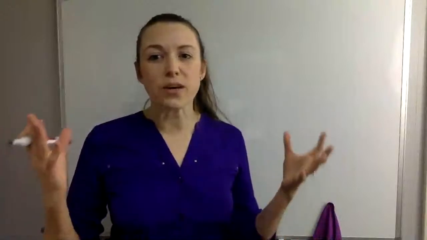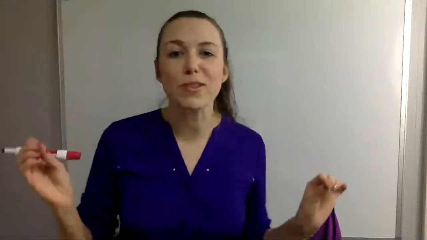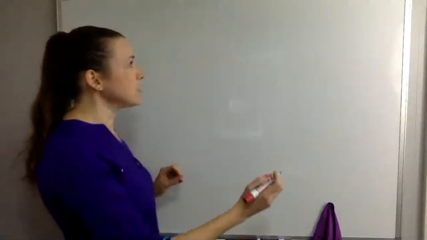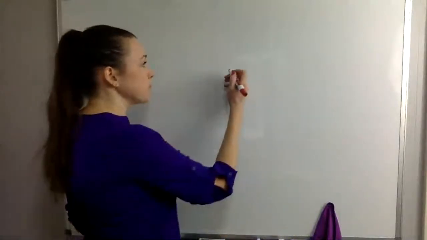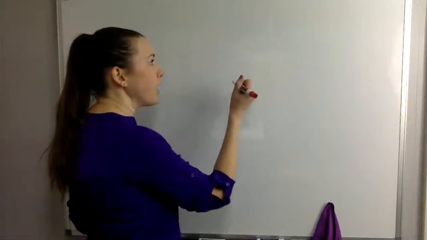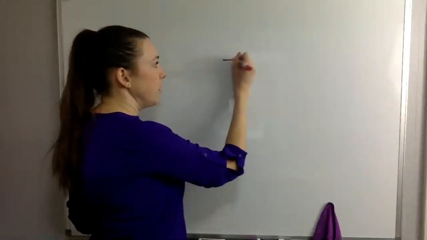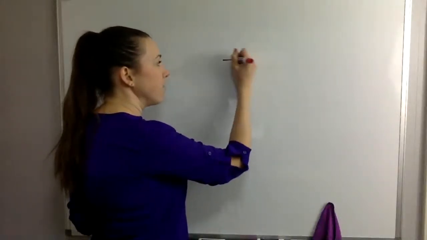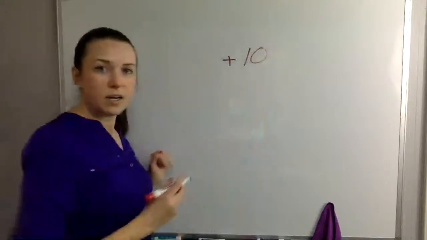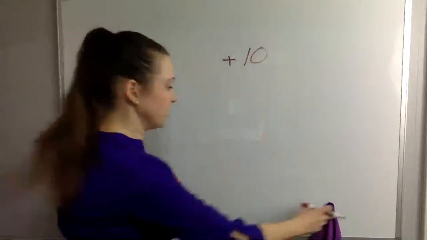And so I really like when these are word problems, because then it gives it purpose. So we're going to turn this question that I have into a word problem to make it so that we can understand it just a little bit better. Okay? All right. So this time we're going to say that I have a positive $10, but we know that we normally don't even put positive, right?